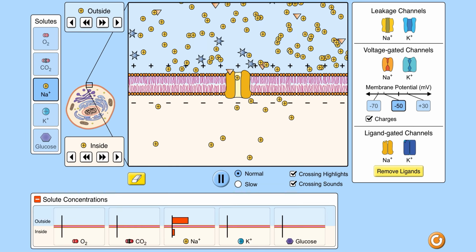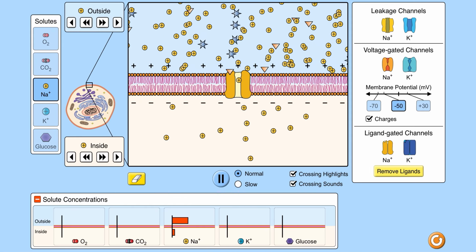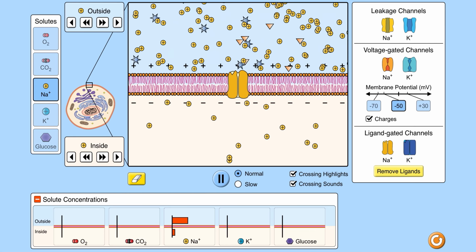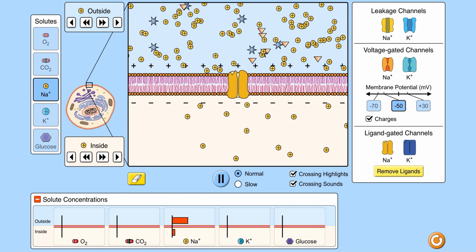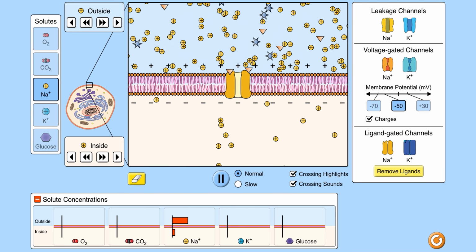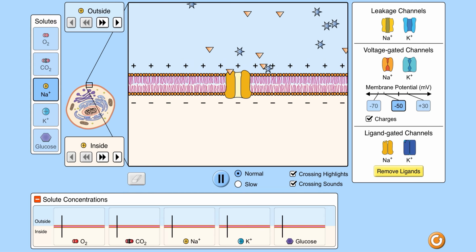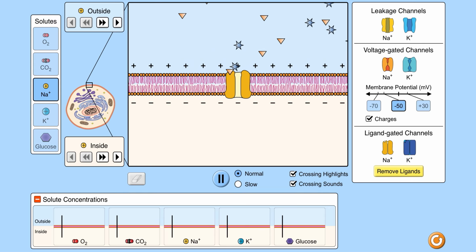Now to summarize, facilitated diffusion is passive transport. It moves molecules from higher concentration to lower concentration without using cellular energy, but it requires a membrane protein to act as a pathway.